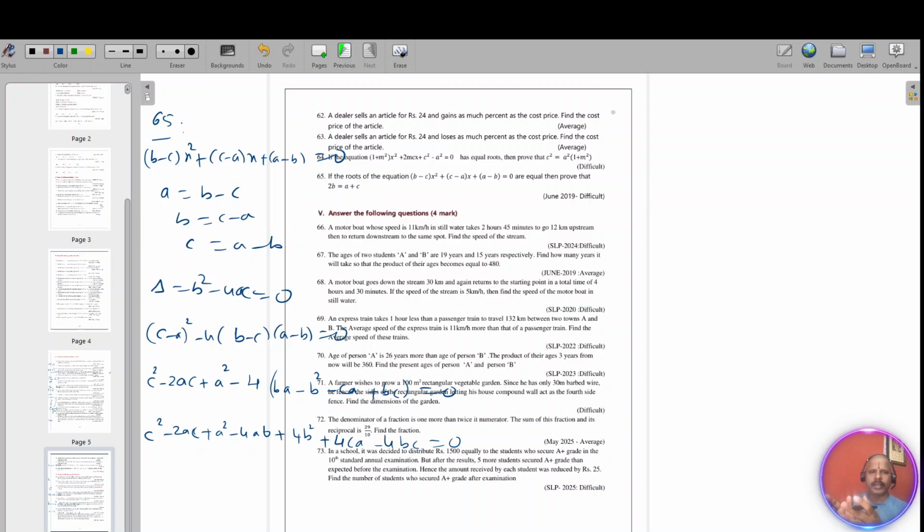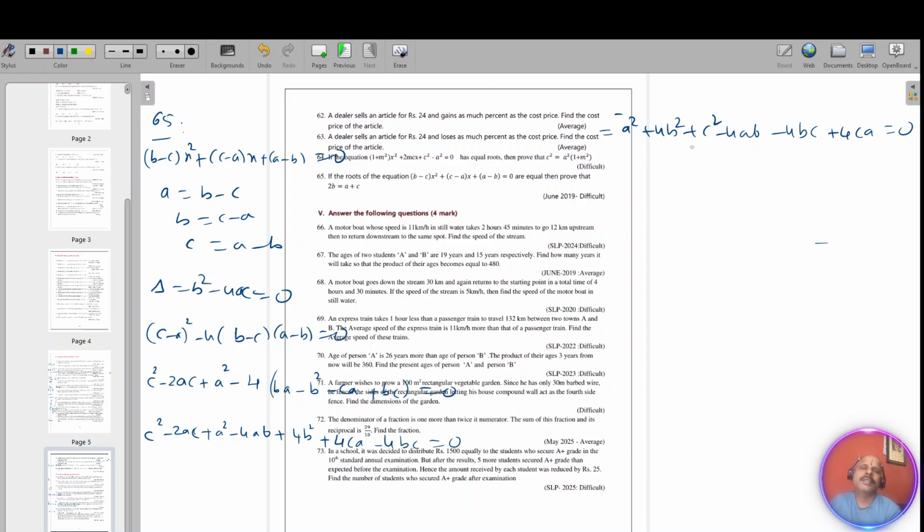That is, what is a here? a square only. a square plus 4b square plus c square. Then ab term is where? Minus 4ab. bc is minus 4bc plus 4ca equal to 0.